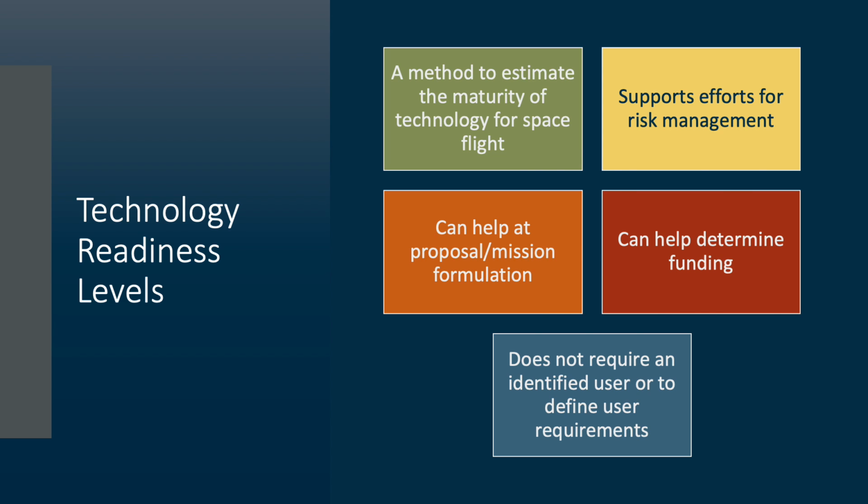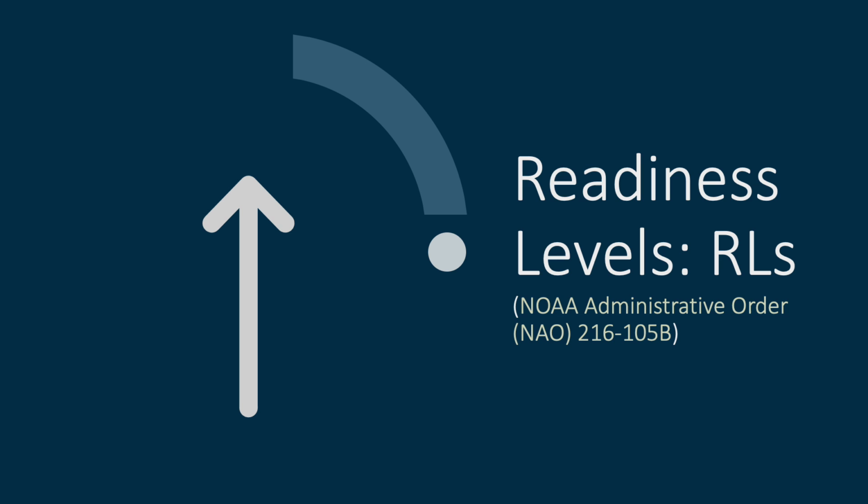NOAA uses the readiness levels, which, like the TRLs, have 9 levels going from basic research to deployment and regular use. Similarly, there is no requirement to identify a user, but instead, there is an identification of research and development output to an operation, application, commercial product or service, or other use which addresses or serves a NOAA mission need.